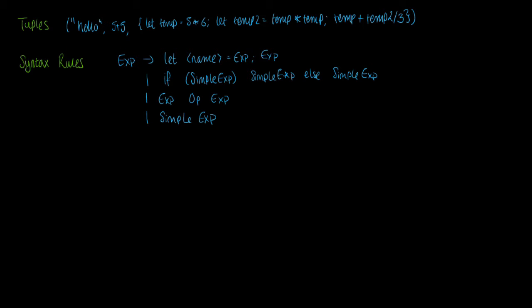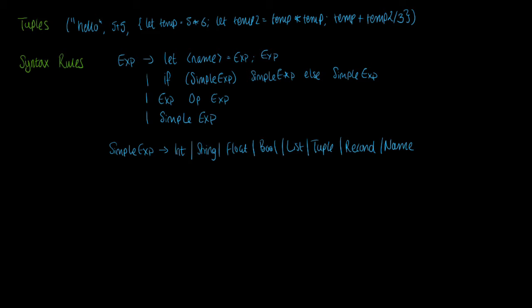A simple expression can be something that has only one part, like an integer literal, int, a string, a float, a boolean, a list, a tuple, a record, or name, or a more complicated expression, but surrounded by either curly braces or by parentheses.